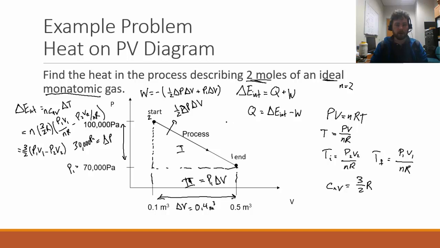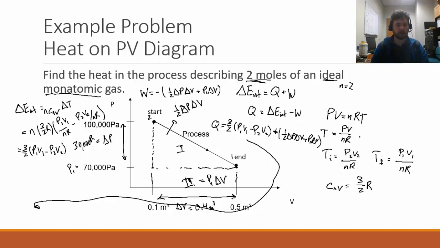So Q equals the change in internal energy, which is 3/2 (P1 V1 minus P2 V2), and then I'm going to subtract out this amount right here. Note the negative sign is going to cancel, leading to a positive, minus a negative: 1/2 delta P delta V plus P1 delta V. Now, I'm kind of out of room right here, so I'm going to continue down over here to give myself plenty of room.